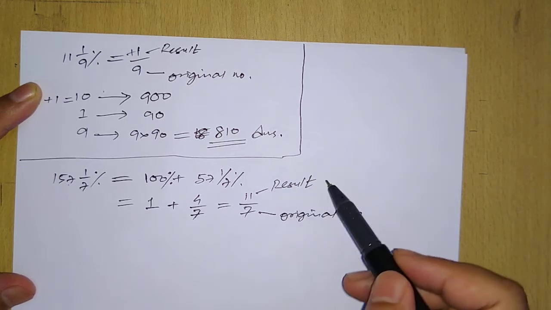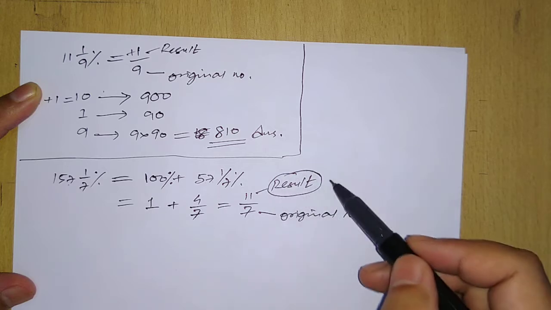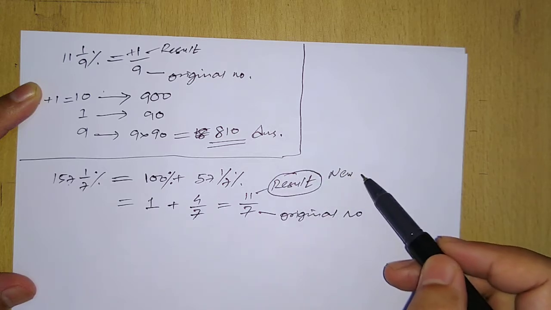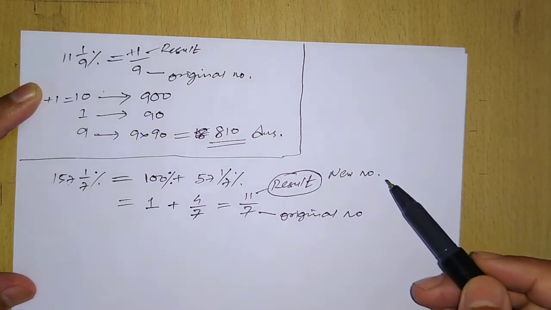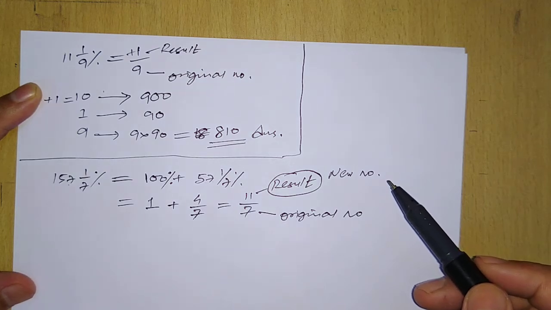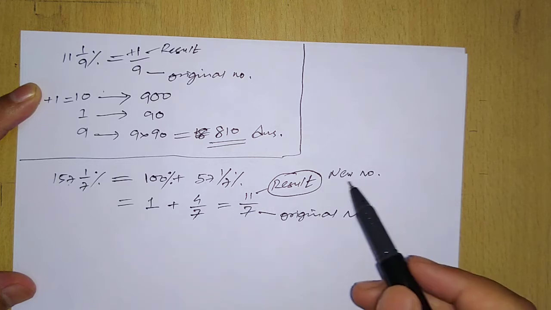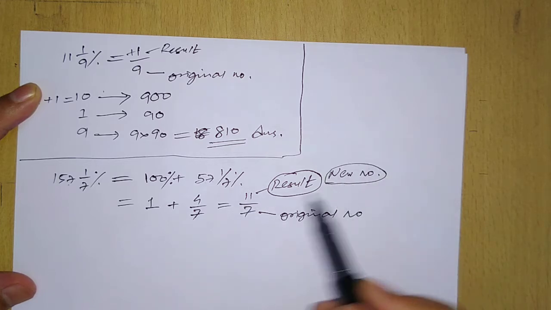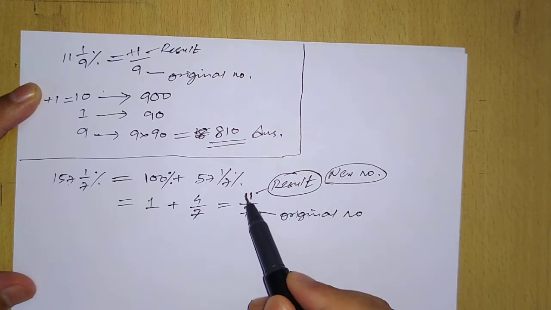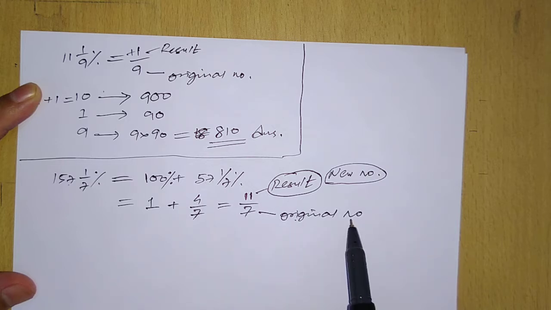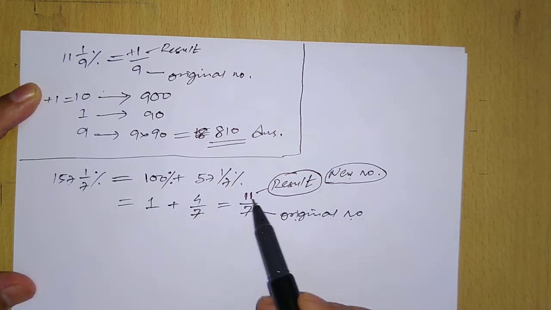In this case we can say this is our new number. So 7 units is the original number, and the result or the new number is 11.